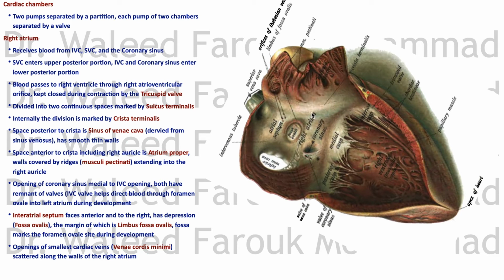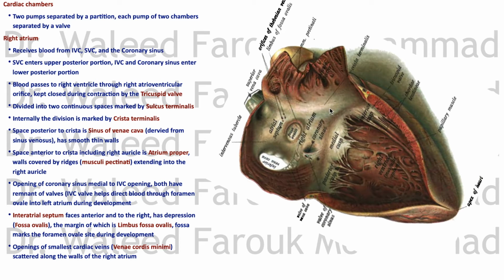As you can see, the major difference is that the proper atrium has a rough surface because of the musculi pectinati coming out of the crista terminalis, and the smooth part belonged to the vessels before and got incorporated into the wall of the atrium.